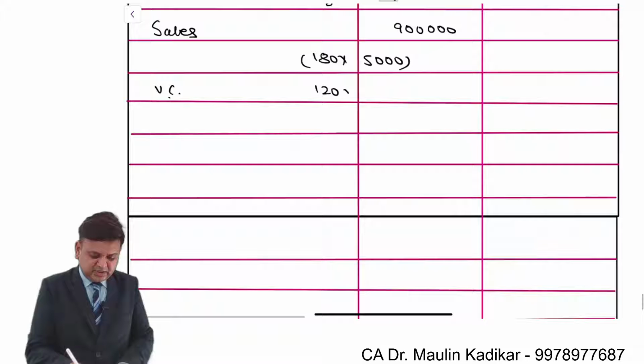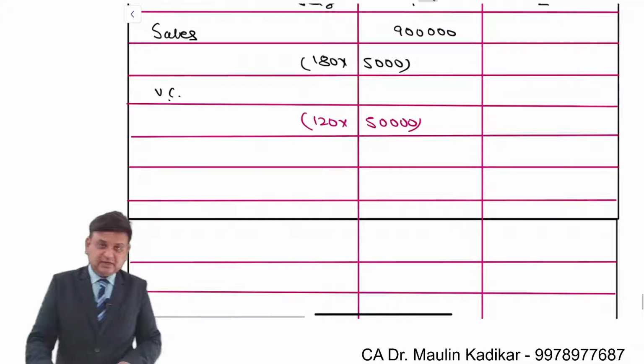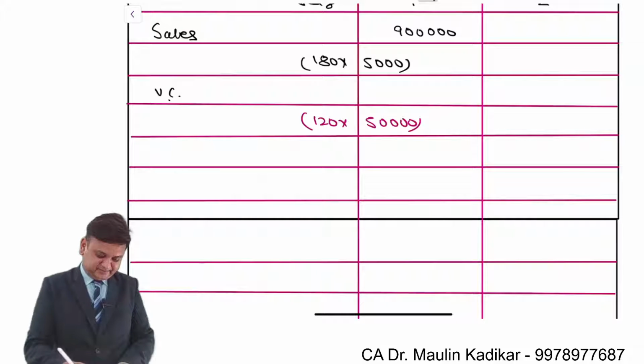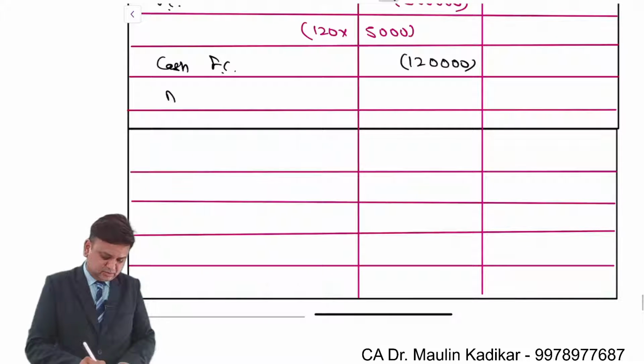Variable cost is 120 into 5,000. So friends, the amount of the variable cost will be 6 lakhs. Next is the cash fixed cost, 1,20,000.